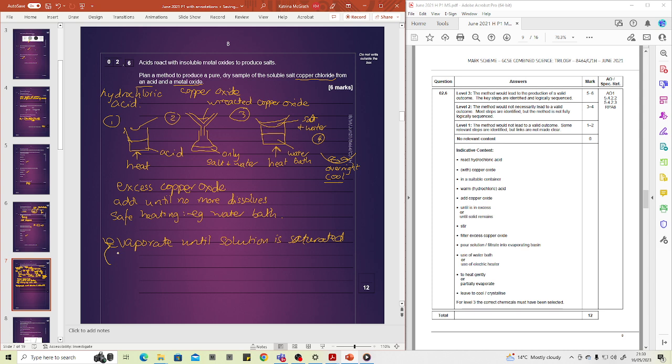So that means that crystals start to form on the edge or on a glass rod, dipped in the solution.